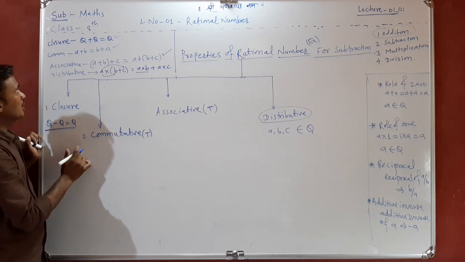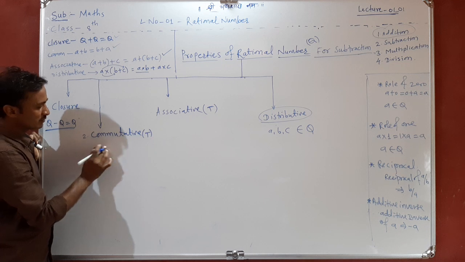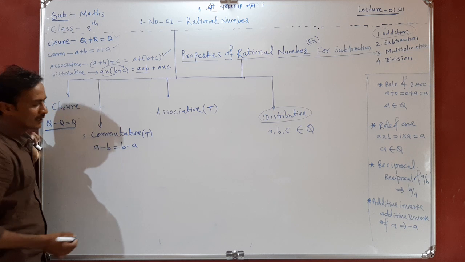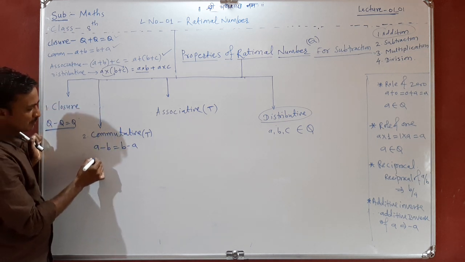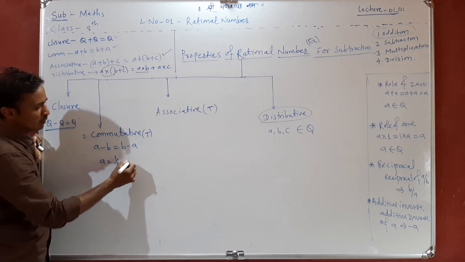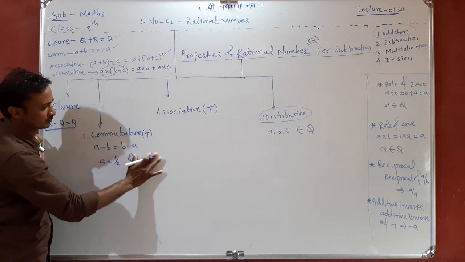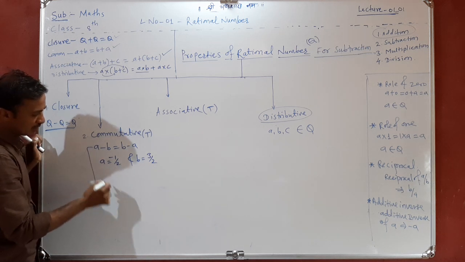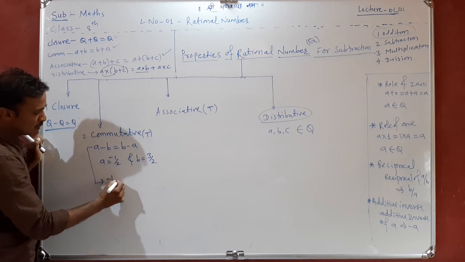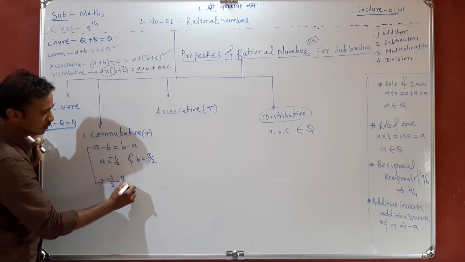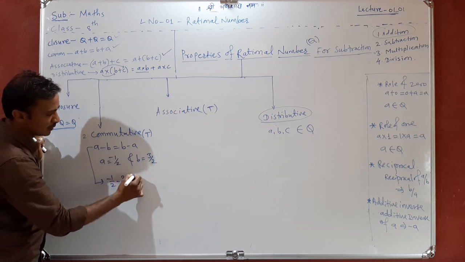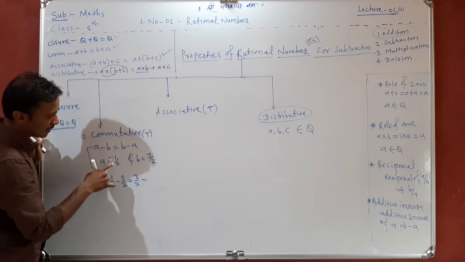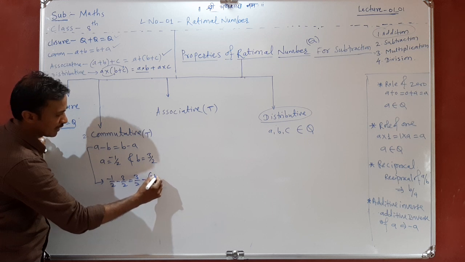Now the commutative property, for subtraction, a minus b is equal to b minus a, right? See, suppose a is equal to minus 1 by 2 and b is equal to minus 3 by 2. Now see, while putting the values in that expression, minus 1 by 2 minus b, that is 3 by 2, is equal to b, that is 3 by 2, minus a, but the value of a is again minus 1 by 2.